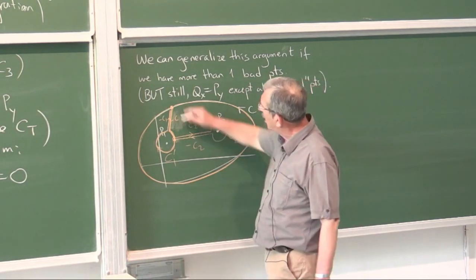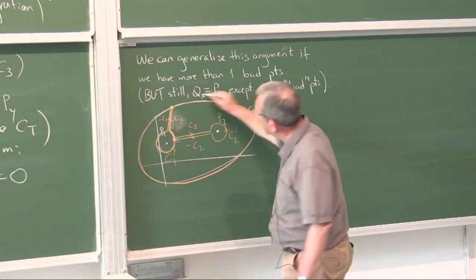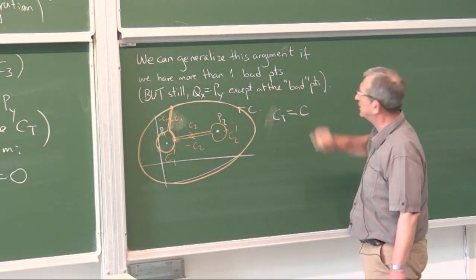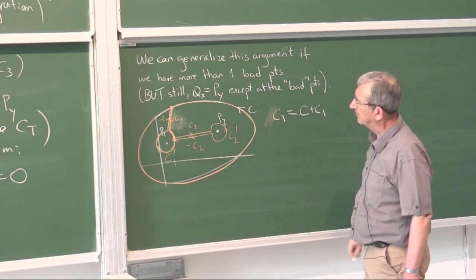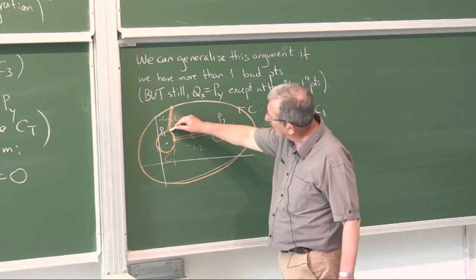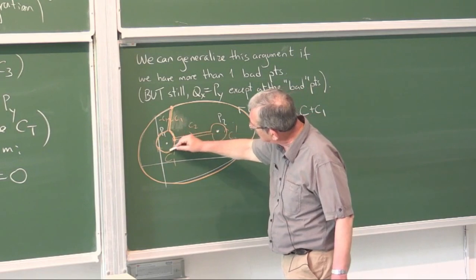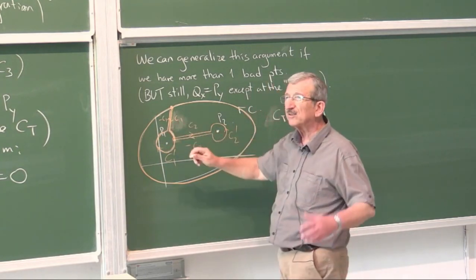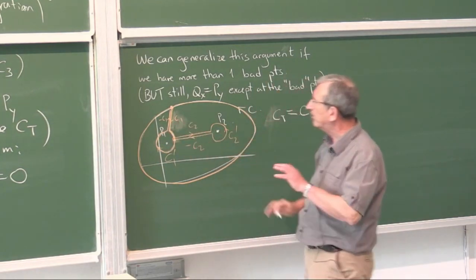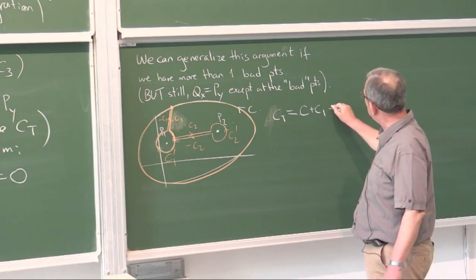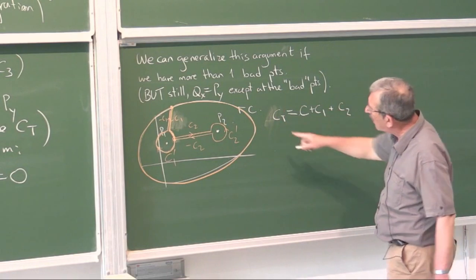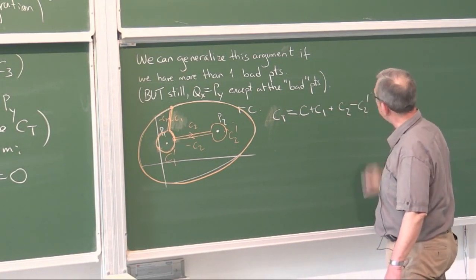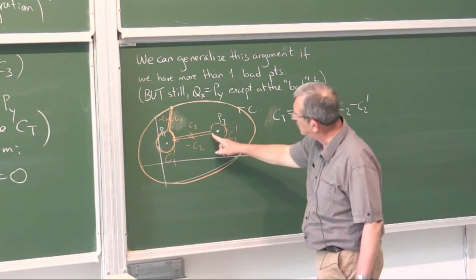First of all, I started from here and came back to the same point. I have C. And then I applied C1. And then I applied this, but later I will apply this part. So together they will make C1 prime. And then I have C2. And then I have minus C2 prime in the opposite direction.